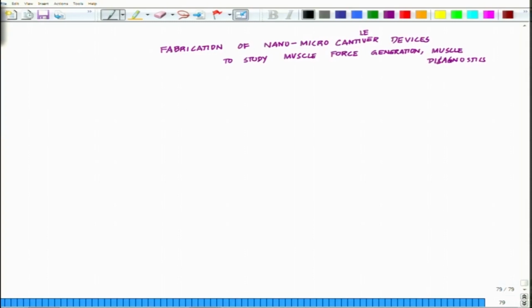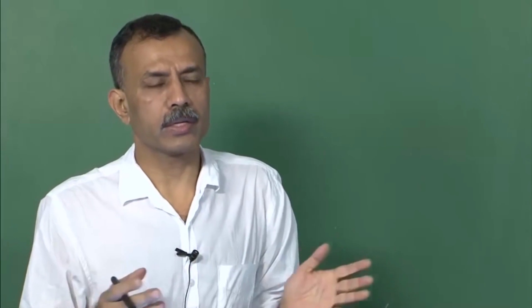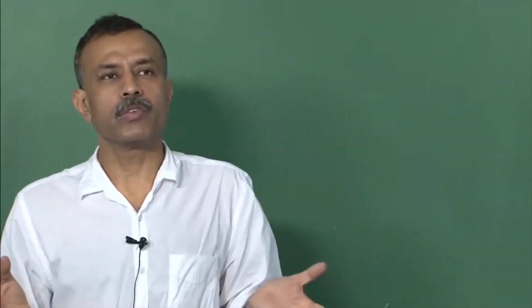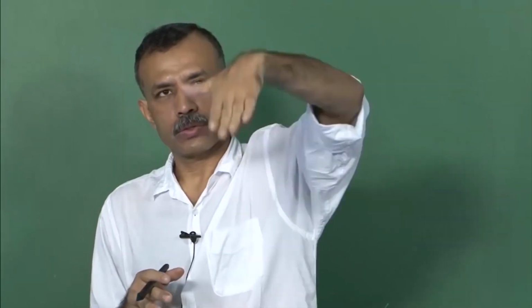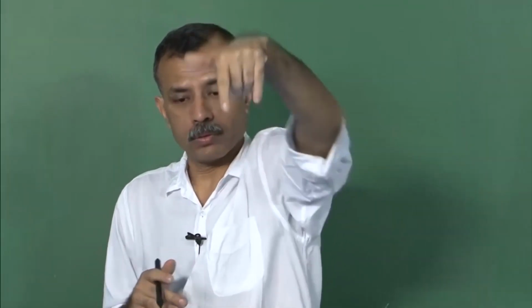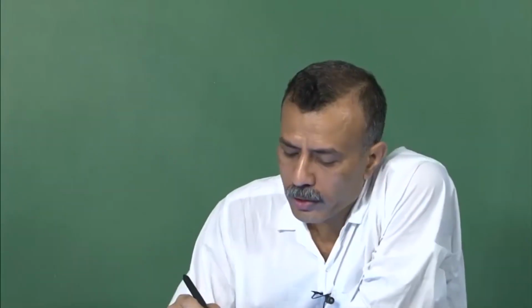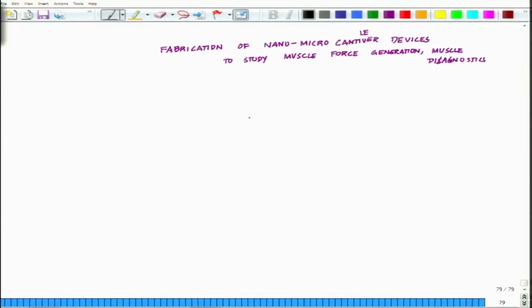Okay. So, now what is really a cantilever? All of you must have been at some point or other into a swimming pool, or you must have seen a swimming pool on television or internet or somewhere. In a swimming pool you must have seen the diving boards, where people jump. If you look at a diving board, it is something like this. There is a plank popping out like this.